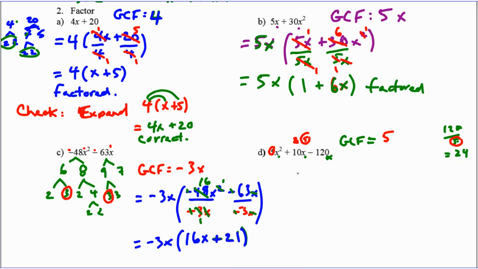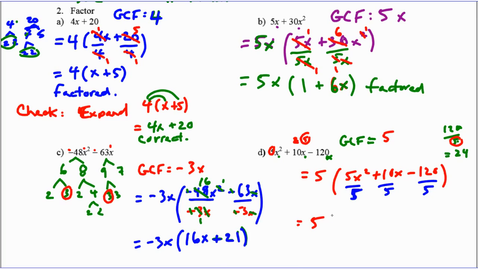So do the same way we've been doing it. Equals, take out the 5: 5, bracket, x squared plus 10x minus 120, close your bracket. We're factoring out the 5 from each. Then you reduce.